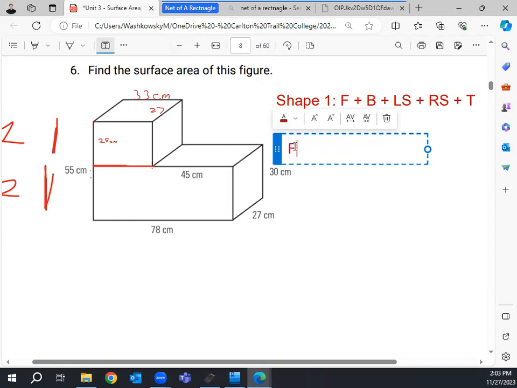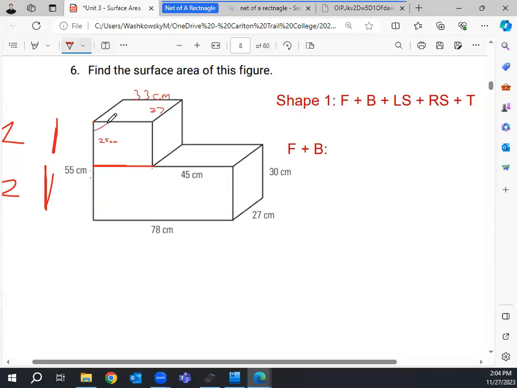So let's figure out the front and the back. Front and the back, what 2 numbers am I timesing together? Is that 25?